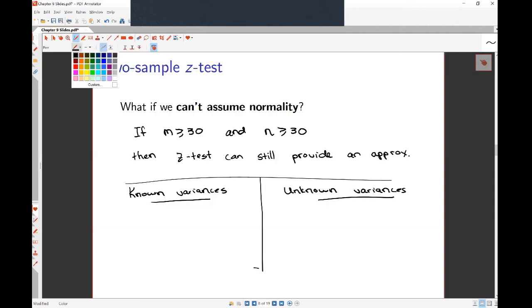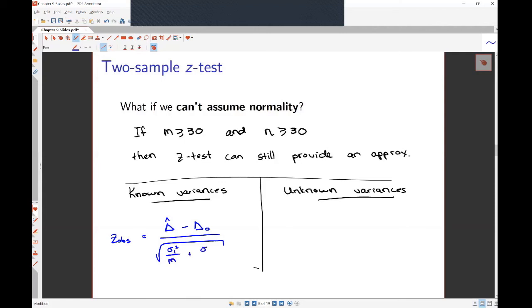For known variances, it's going to look exactly the same as previously. Z observed will be delta hat minus delta naught over the square root of sigma 1 squared over m plus sigma 2 squared over n.